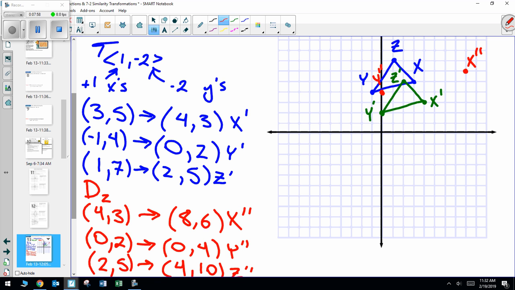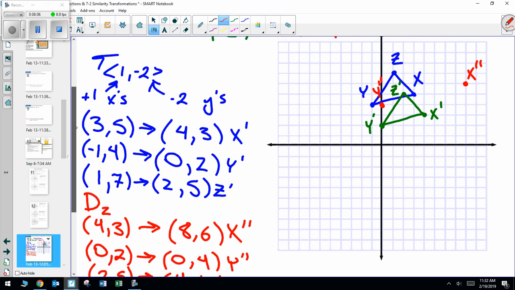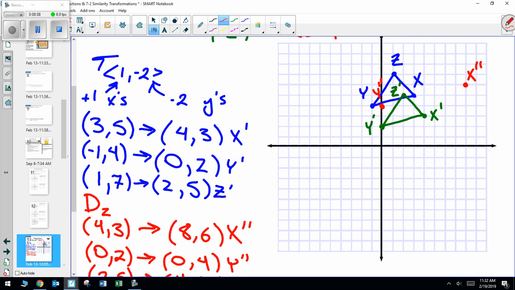And z would have been 4, 10. This would have been z double prime, and that would have been your final figure.